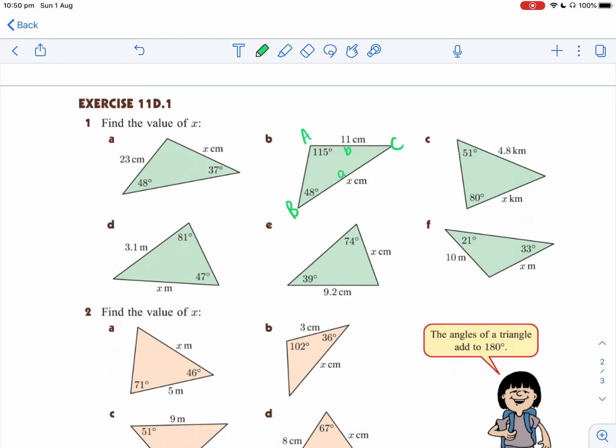So for this one, you would be using a on sine A equals b on sine B. Alright, so have a go at question 1, 2, and 3, and let me know if you need any help.